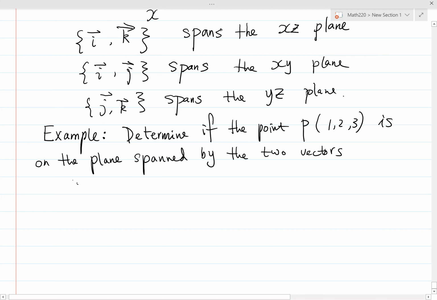Let's see, V1 is the vector 1, 1, 0, and V2 is 0, 1, 1.